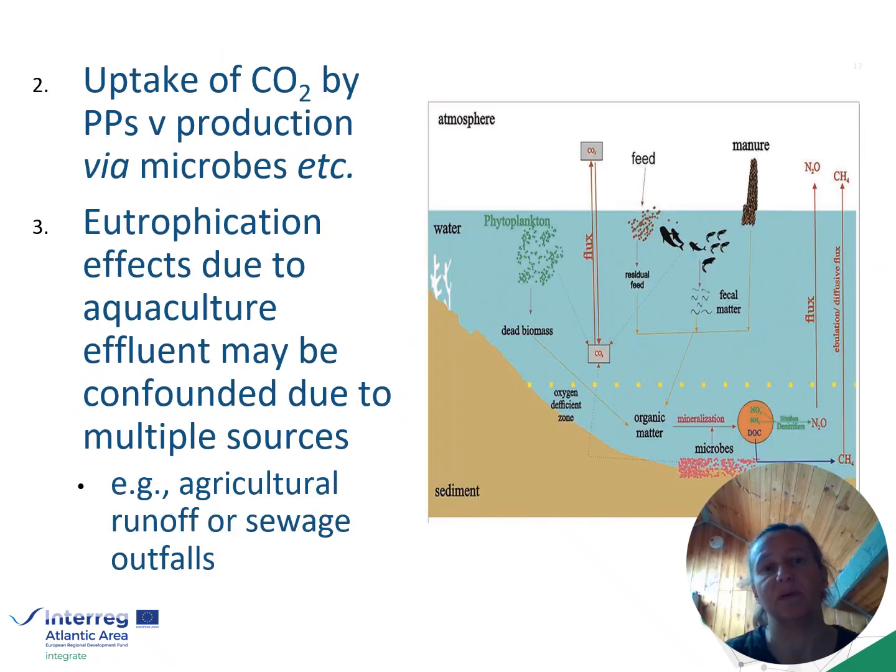The second problem is that we cannot easily quantify uptake of CO2 by primary producers compared with production via microbes, etc. And the third problem is that eutrophication effects due to aquaculture effluent may be confounded due to multiple sources downstream, so for example agricultural runoff or sewage outfalls.